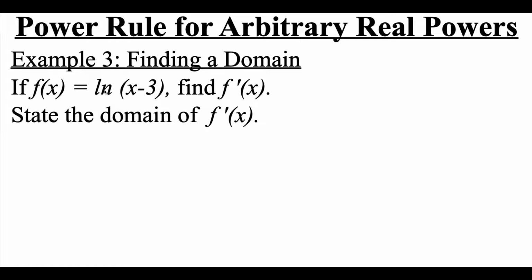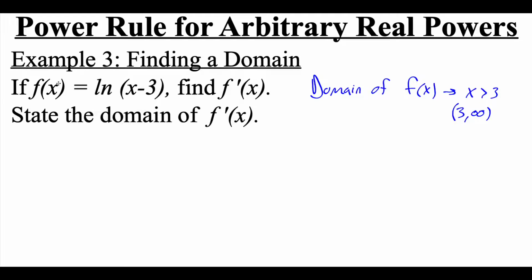So as far as the domain for our f of x function, that's going to be x values that are greater than 3, avoiding 0 and negative numbers in there. We could also write this as interval notation, so going from 3 to infinity. So this is the domain for our original function f.